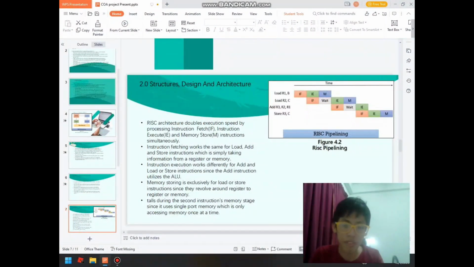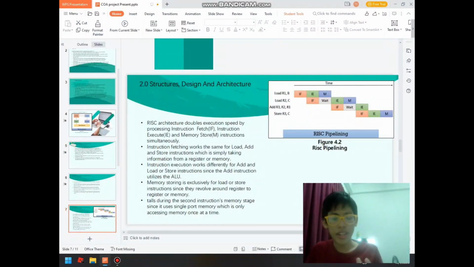And this is, you could say, a quintessential point of RISC. RISC architecture doubles its execution speed by processing instruction fetch, instruction execute, and memory store instructions simultaneously.